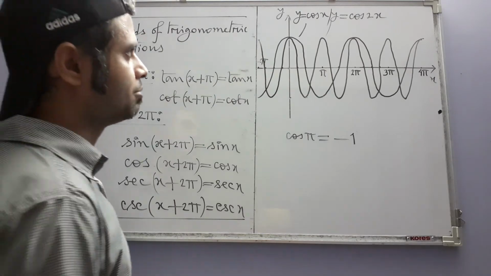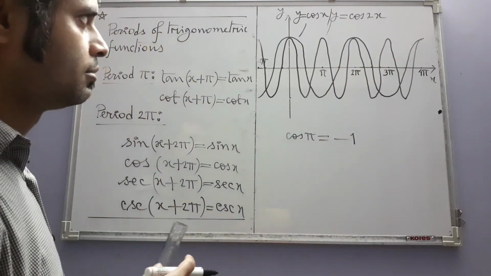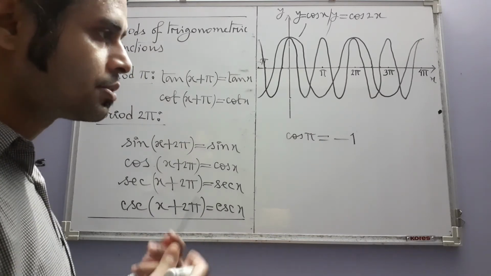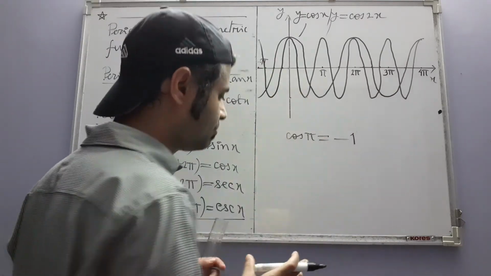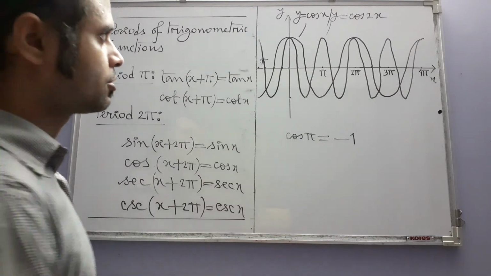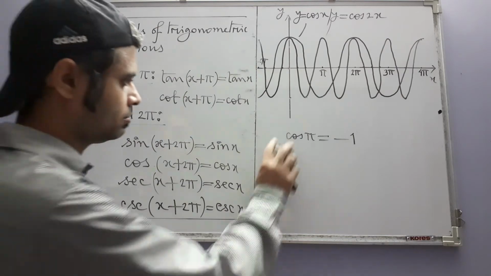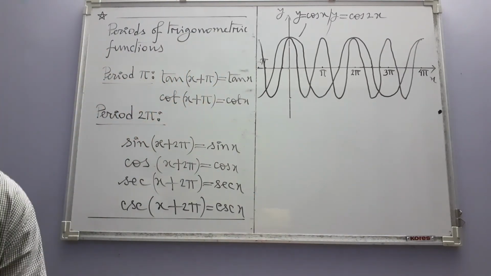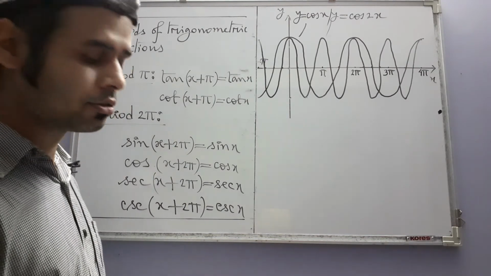Do you see why? Because now the input values are repeated twice more frequently, everything will happen at half the distance. So that is why the period of cos 2x is pi and not 2 pi.